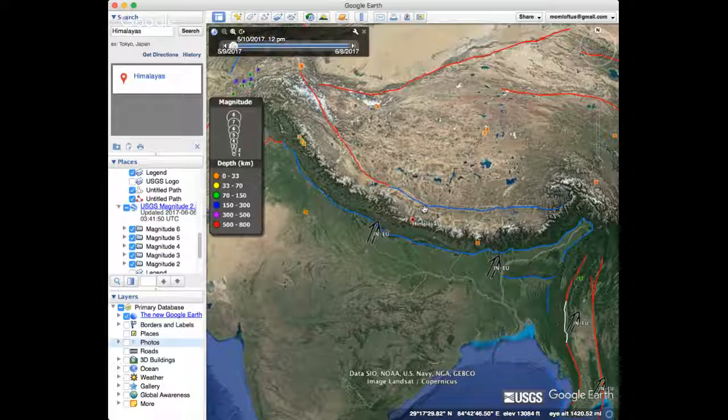They've been having a lot of seismic activity to create those huge mountains.